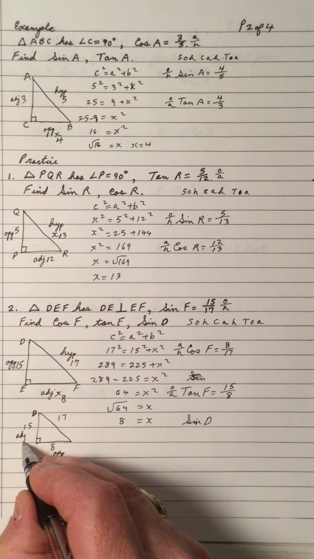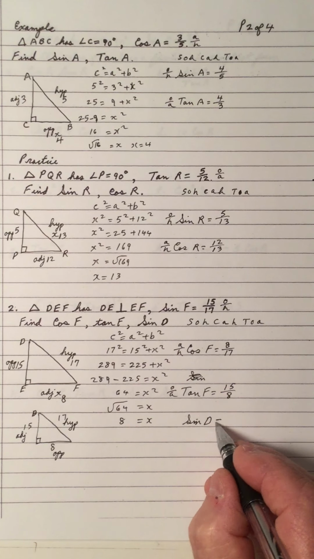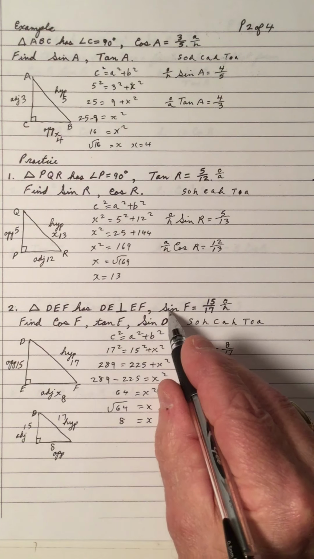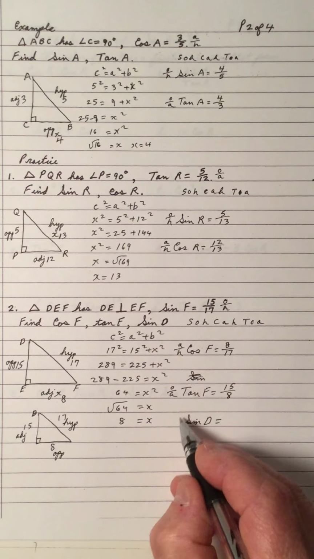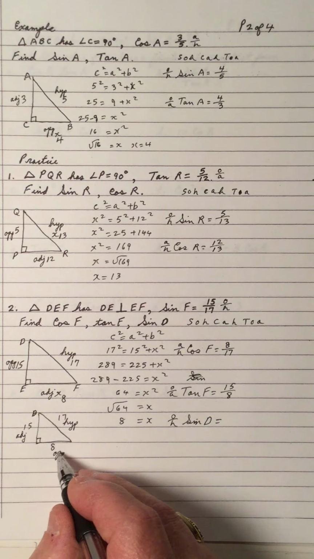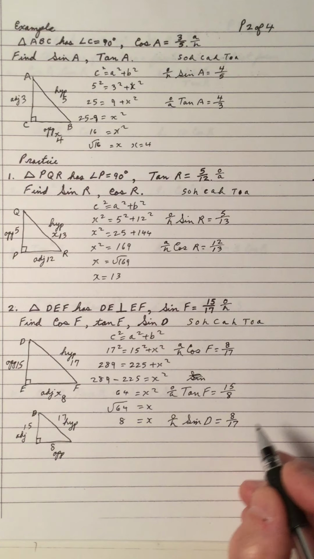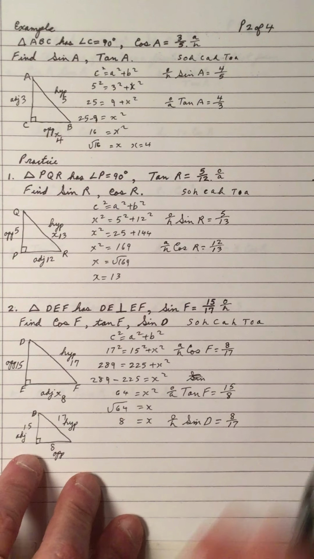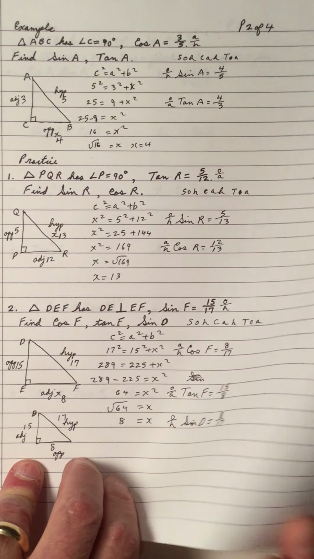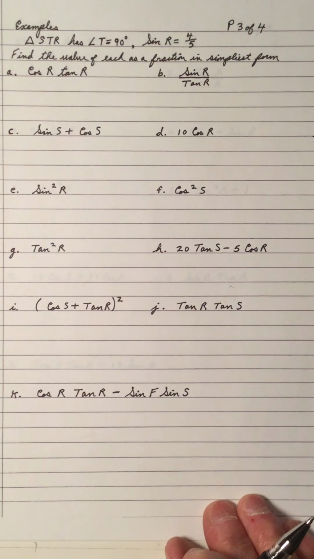This is the adjacent, and this is always the hypotenuse. So the sine is opposite over hypotenuse. So in relation to D, opposite is 8 over the hypotenuse of 17. And we have them all worked out. Just different questions. Let's continue.